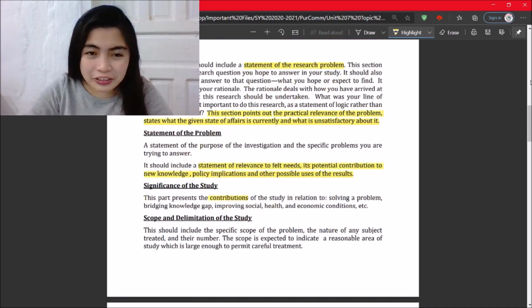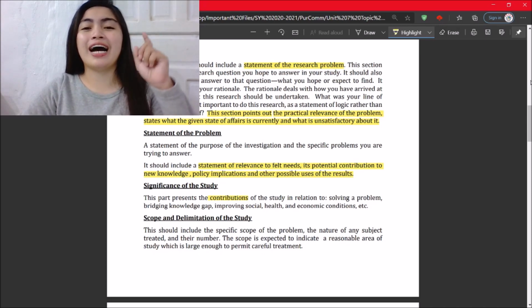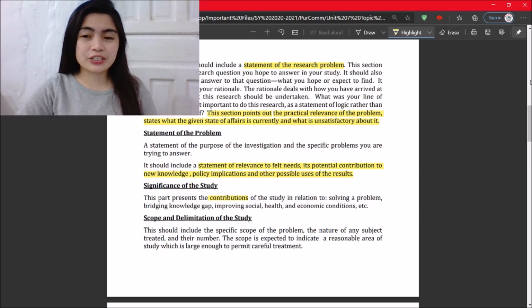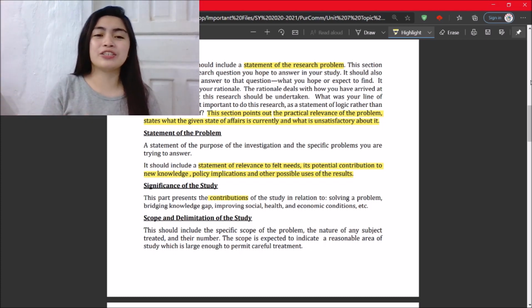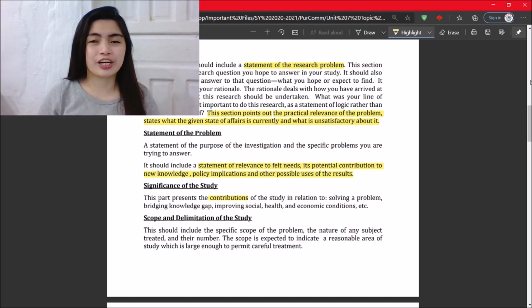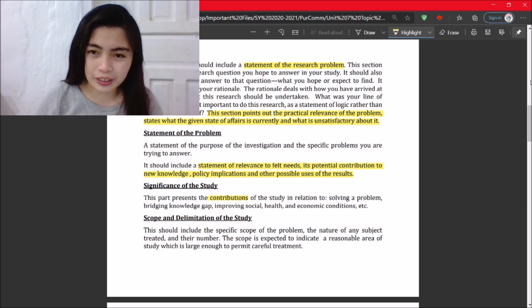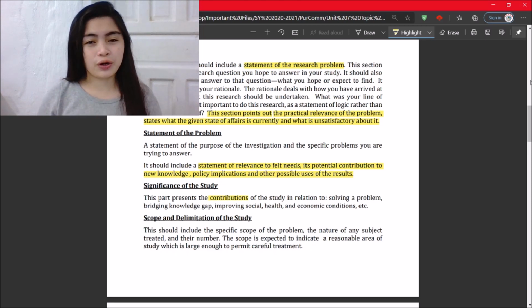So, dito na, the introductions should include a statement of the research problem. So, this section expands on research question you hope to answer in your study. It should also present a tentative answer to that question, what you hope or expect to find. So it should always include your rationale.